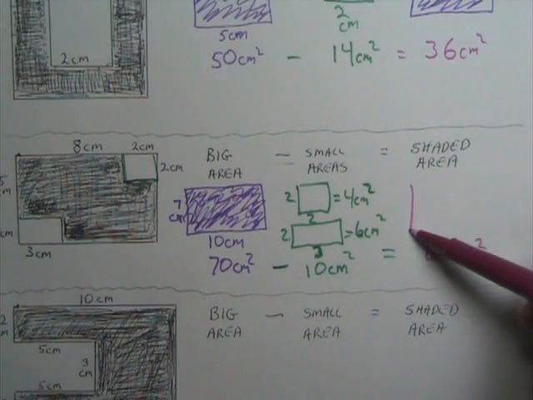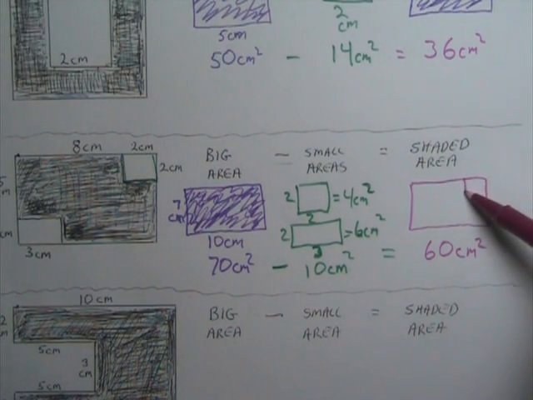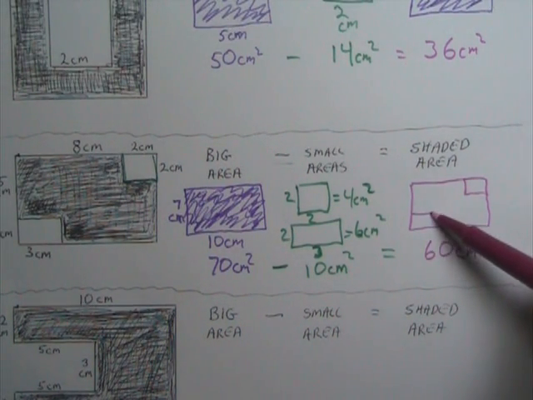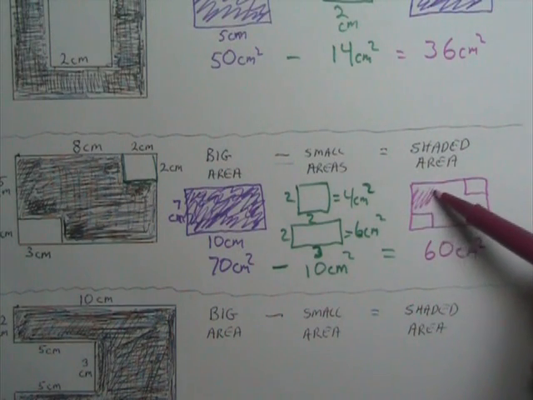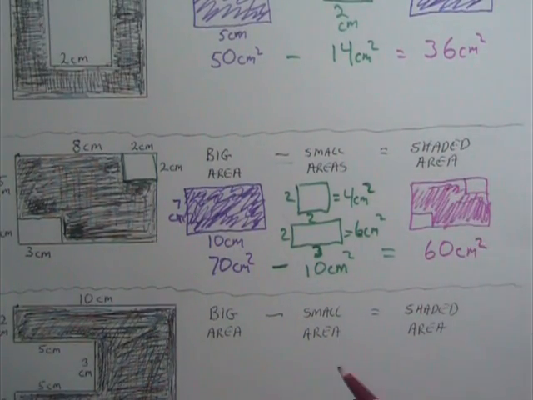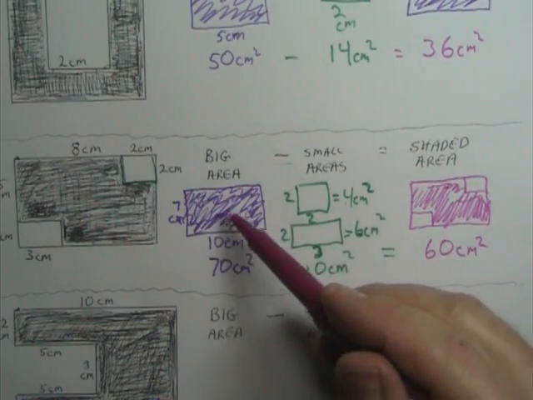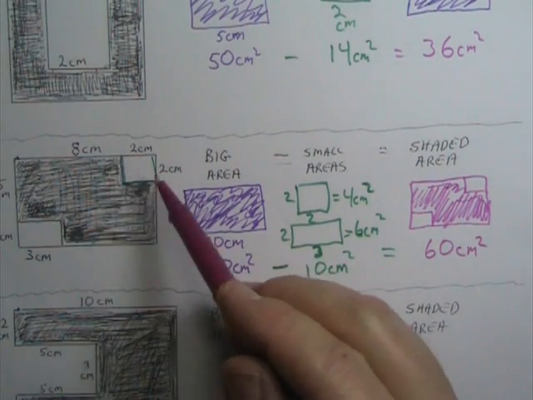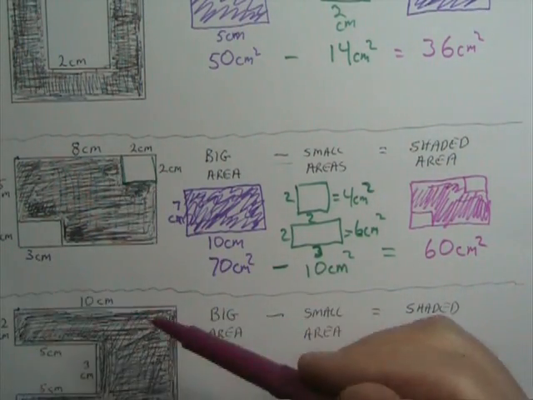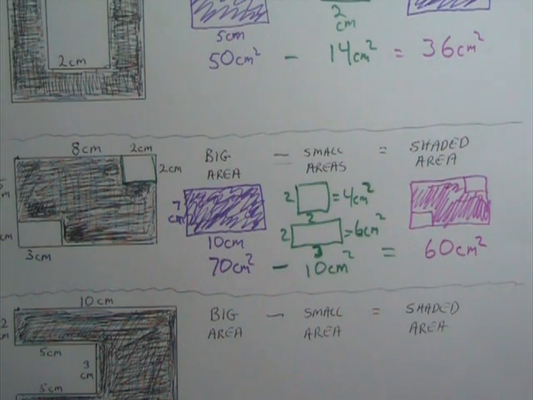And if you want to, just make a little sketch. Absent this square, absent this rectangle. There you go. So basically, I just took these two pieces out of it. So I take cutting it out, and so I'm subtracting it, and that gives me my total shaded area.